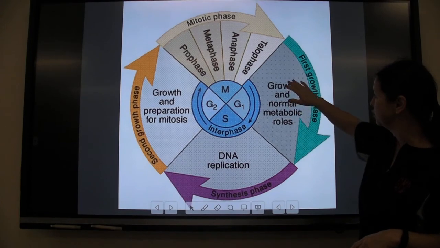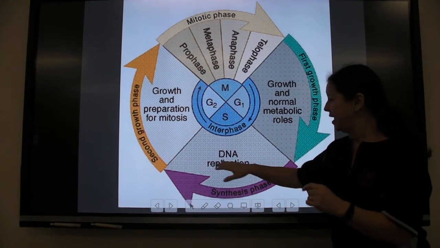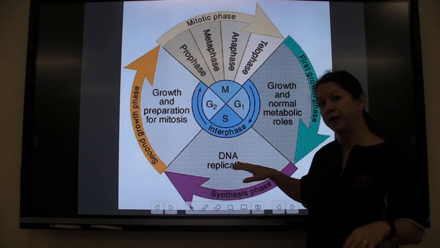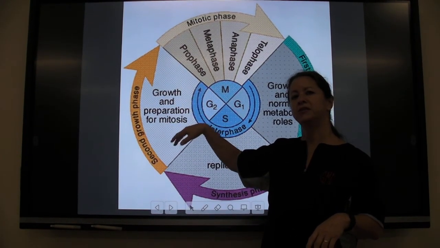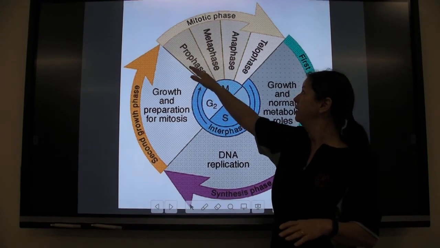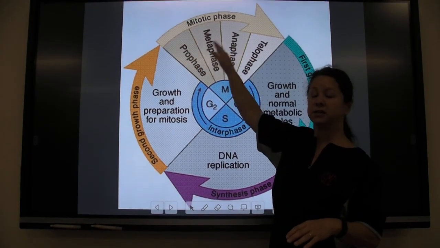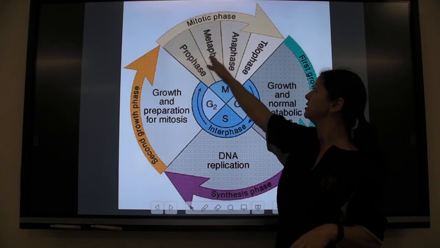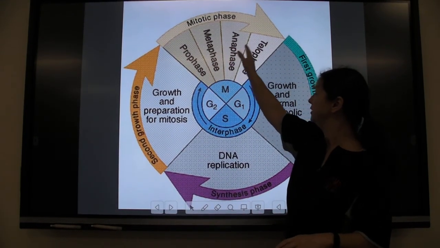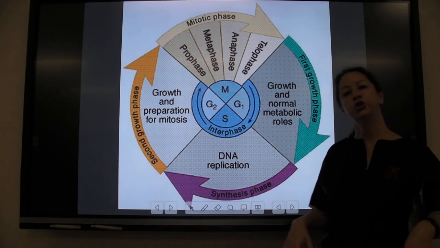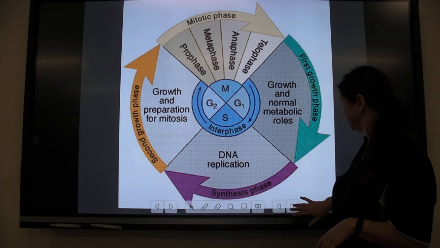But so the cell is growing, the DNA is being replicated, so it's copying all of its chromosomes. It grows some more and gets ready to divide, and then it goes through mitosis. This is when the cell actually divides, and this is what we're going to be talking about for the most part, this actual division here, when you actually get two new cells.